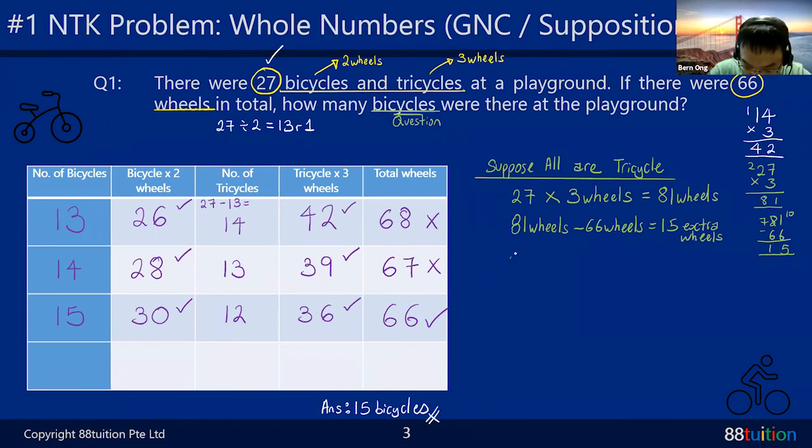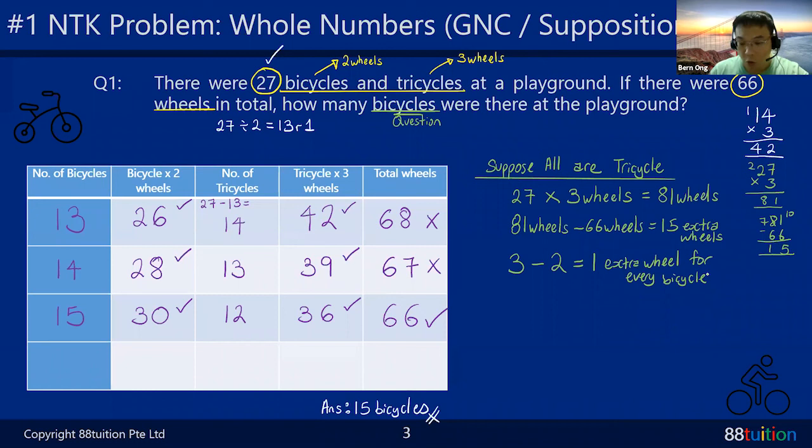One bicycle got 2 wheels. One tricycle got 3 wheels. So what's the difference between them? It's 1 wheel, right? So one extra wheel for every bicycle.